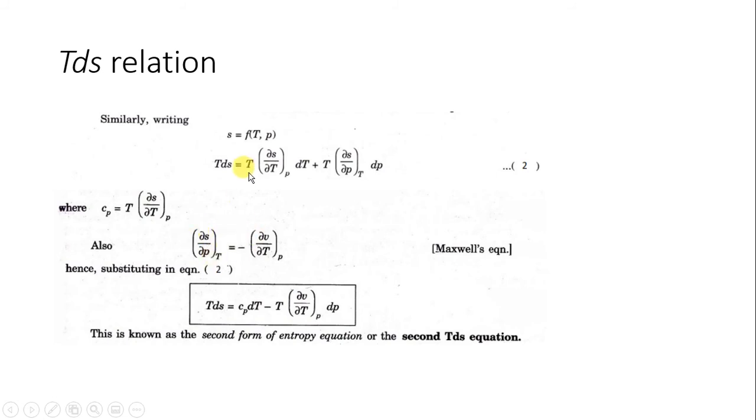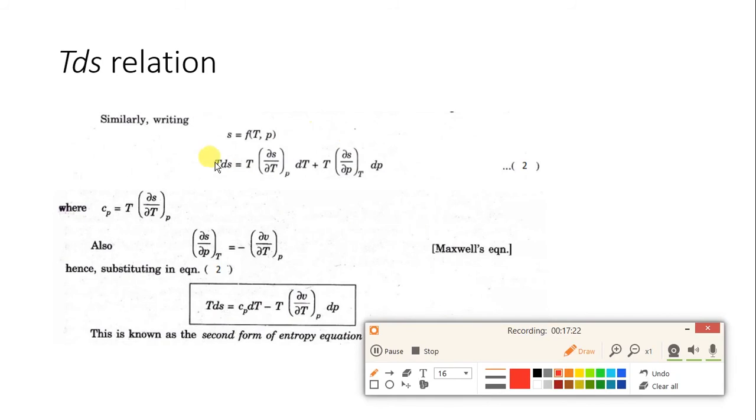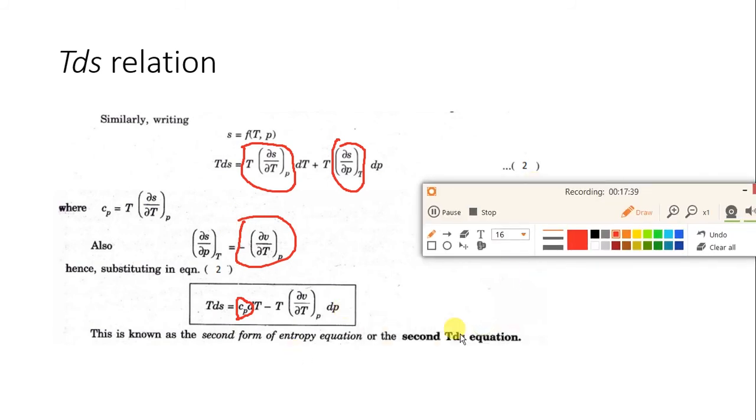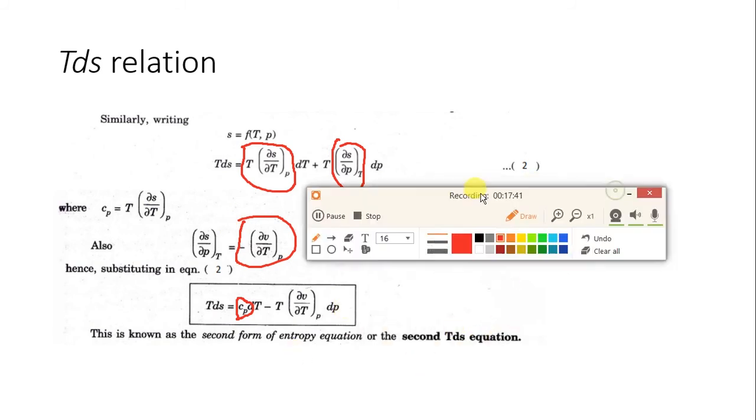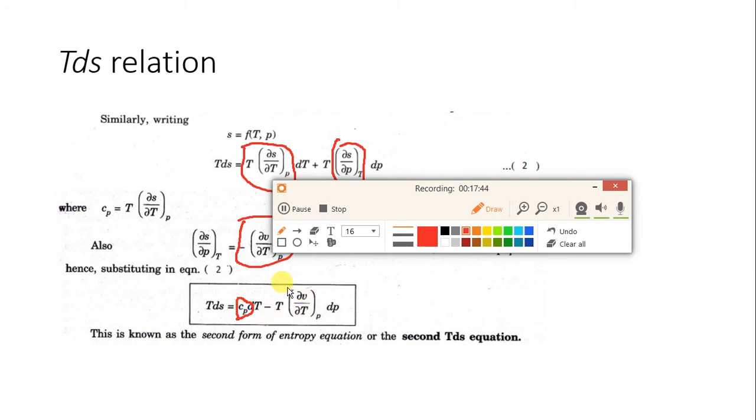So now in this equation you can replace this part by Cp, and you can replace this part by this term. So you will get the second TdS equation. Now we are deriving this equation because we require this relation while deriving Mayer's relation.